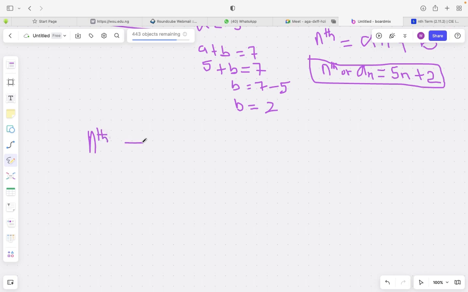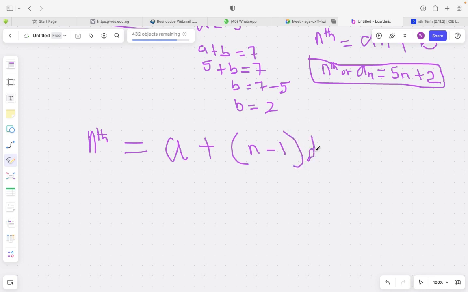So you say the nth term is equal to A, where we define A in this regard as the first term, plus, then you put a bracket, n minus 1, multiplied by d. d is the common difference.